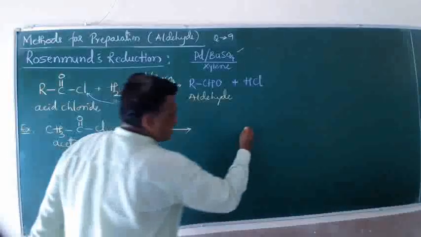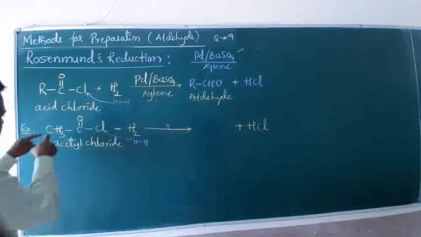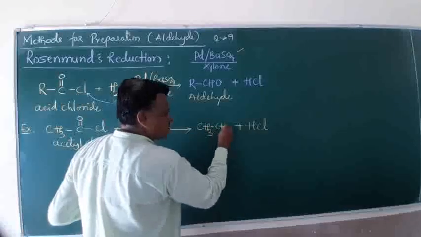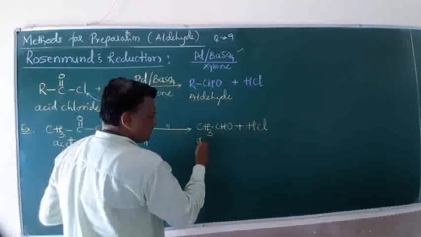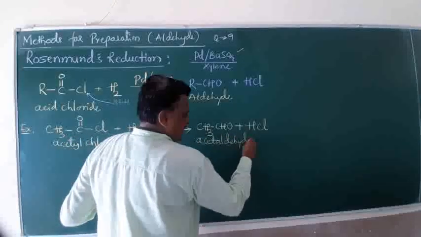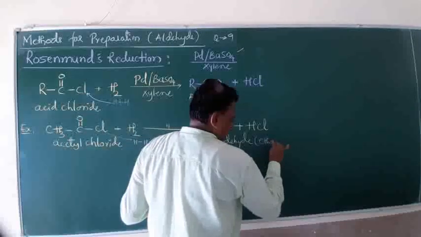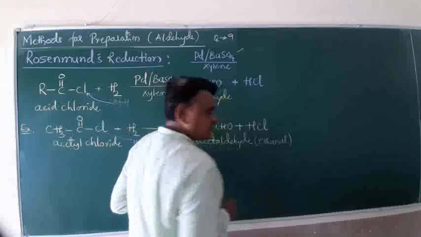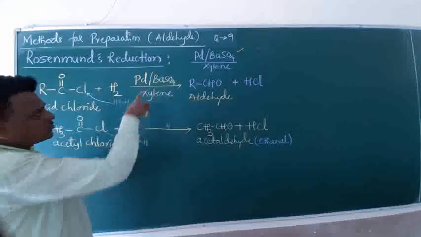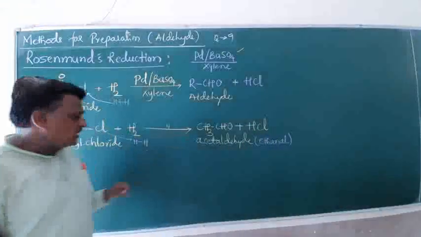The compound formed is HCl. What remains? CH3CO and 1 H. This is CH3CHO with 2 carbons, acetaldehyde. What about the IUPAC name with 2 carbons? Ethanal.